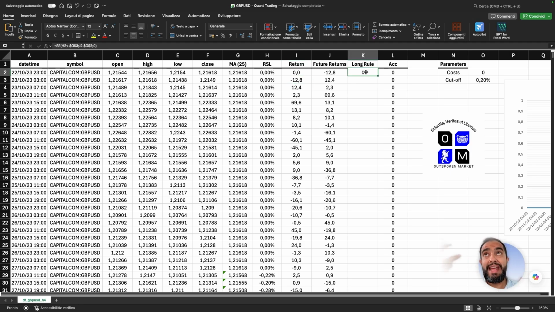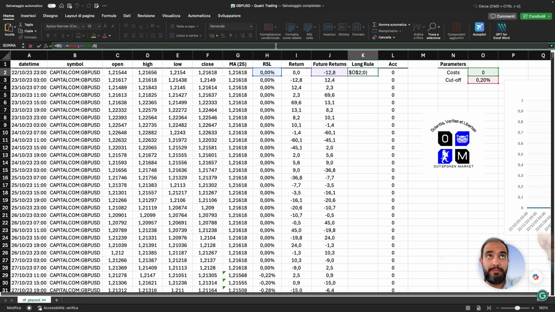Whenever we go below a certain threshold or cutoff point from the RSL, I will trigger my long rule. And therefore, my result is naturally going to be the future returns.